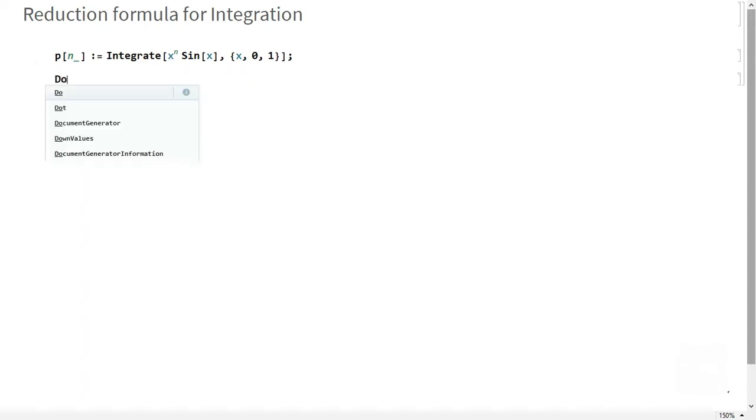So let's try to see what the Do command does first. Just type Do. You will see a suggestion appearing, and there are two main arguments, the expression, and it says it evaluates this expression n times. Now you can customize this, that is, how many times I want to do it, how many recursions I want to do.